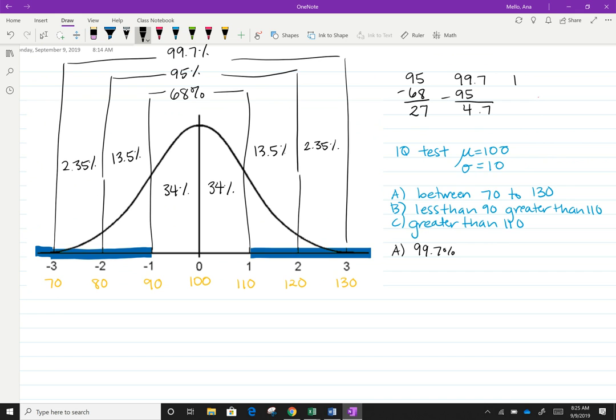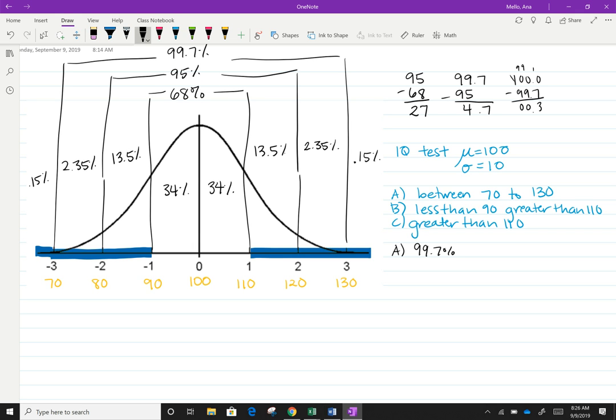Well, 100% minus 99.7 gives me 0.3%. Cutting 0.3% in half is 0.15% in the very tail end.